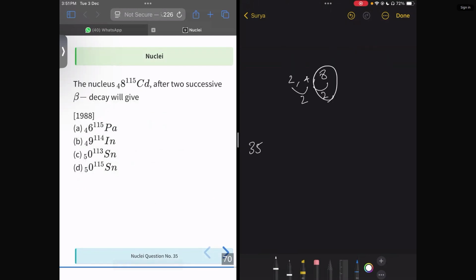Next question. The nucleus Cd undergoes 2 successive beta decays; which one is it given by?